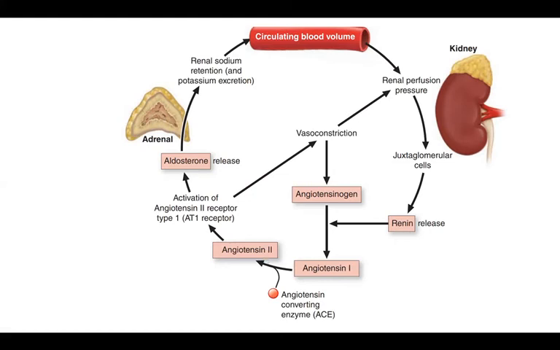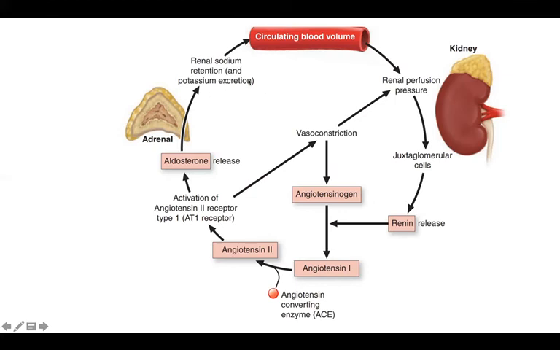This angiotensin 2 acts on the angiotensin 2 receptor type 1 to cause release of aldosterone from the zona glomerulosa. And this aldosterone then causes the retention of sodium and the excretion of potassium. And at the same time there is water retention along with sodium and loss of hydrogen ions along with potassium.